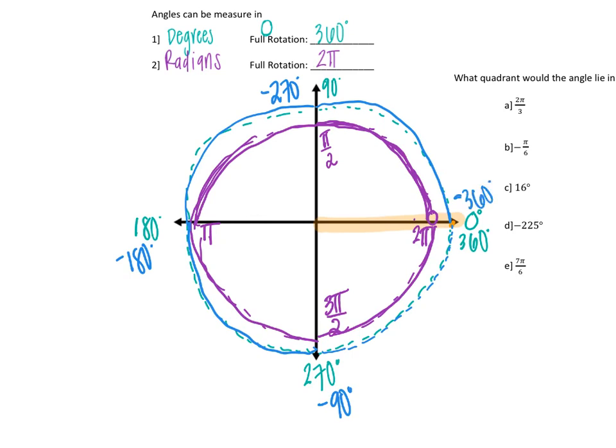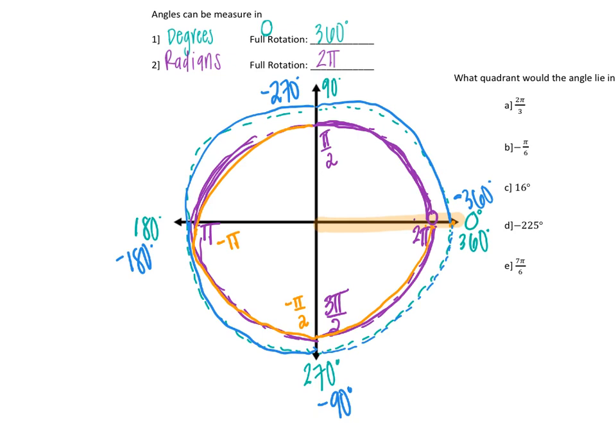We're going to try the same thing, but with radians now. So let me change pen colors here. If we start at that positive x-axis and go backwards in radians, a full quadrant, 3 pi over 2 is the same location as negative pi over 2. Keep on going backwards. If we go backwards half the circle, that pi is the same as negative pi.